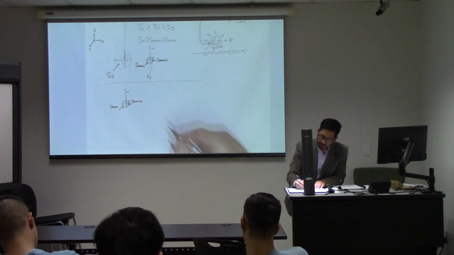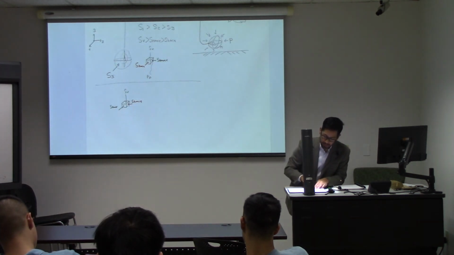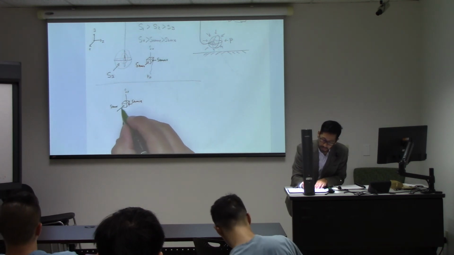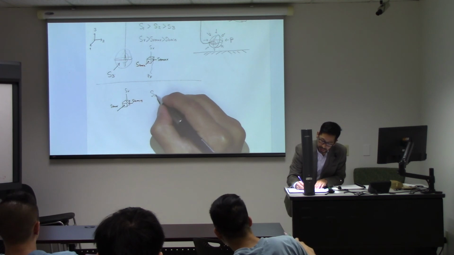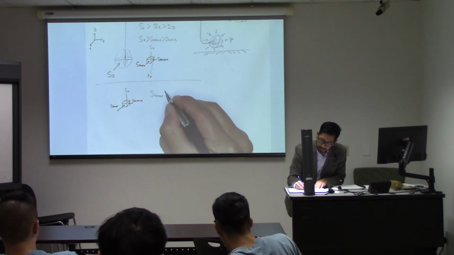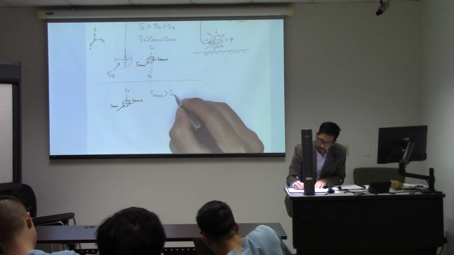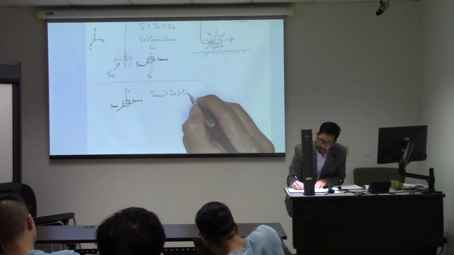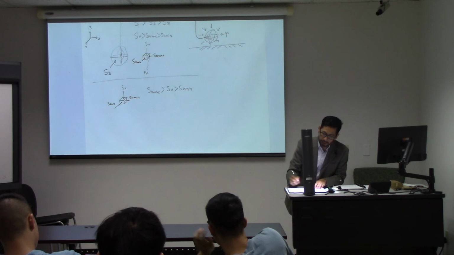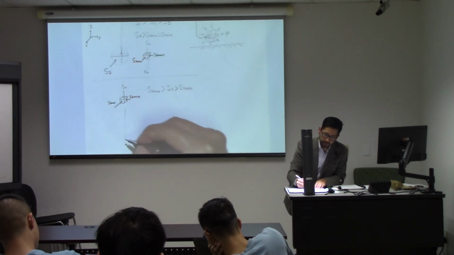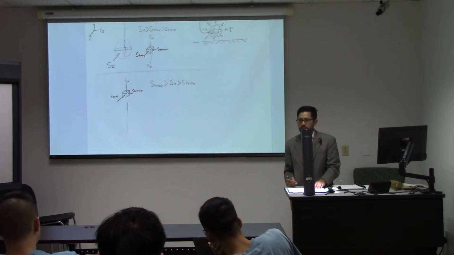Let's change one more thing. Let's say that SH max now is going to be bigger than SV, bigger than SH min. What do you think is going to be the shape of a hydraulic fracture?